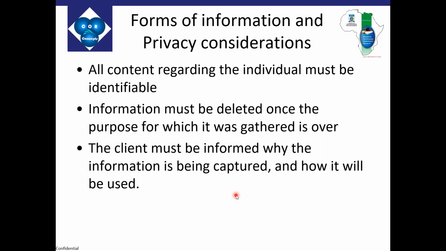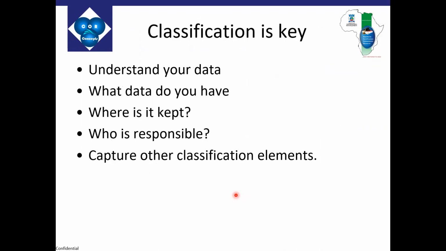And on that form, we tell the data subject what their rights are and all the other information. So know your data. Once we start to know and understand our data, we know where it's stored. We make sure that those systems and storage facilities are properly controlled and protected. And we also know where we're capturing it, and we can now use this knowledge to improve those data capture forms.